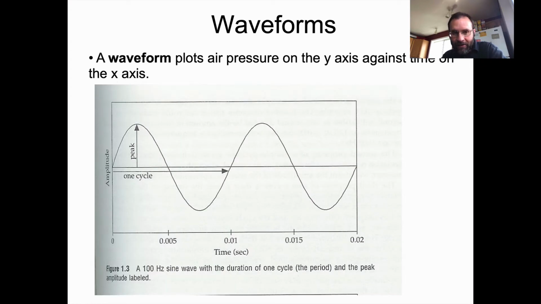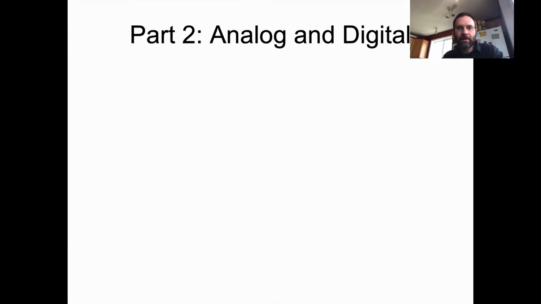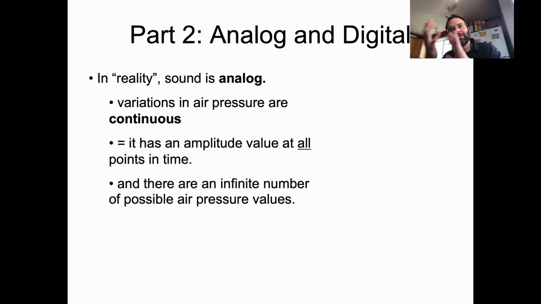This is analog acoustics, at least in the way we normally think about it in the real world around us. So here's where I make a distinction between analog and digital. In reality, sound is analog, or at least for all intents and purposes it is analog, which means that the variations in air pressure are continuous.